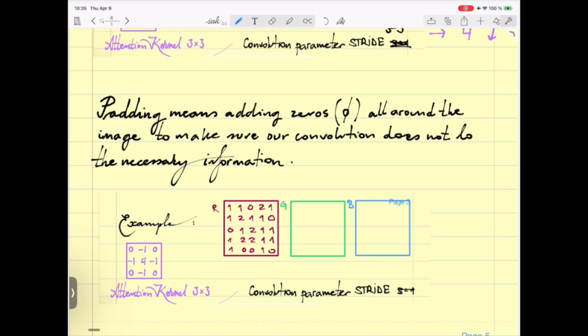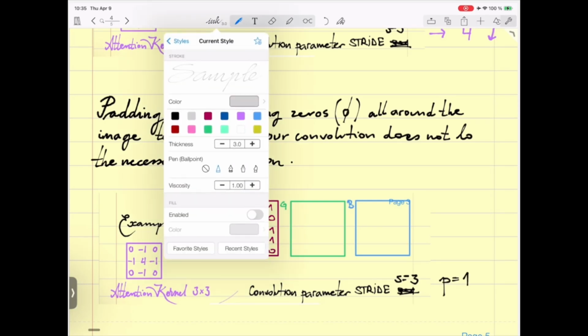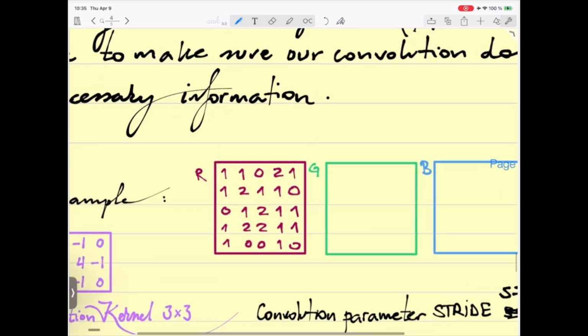So if we say stride is going to be 3, and padding is going to be 1. Okay, Sami, are you with me? We add zeros all around the image with one line and column of zeros all around, because padding is 1. If padding would be 2, I would add 2.